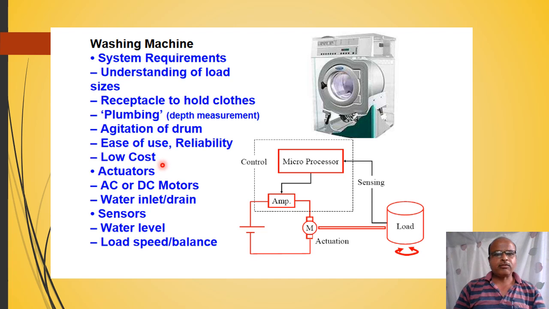Also it has a low cost. Then actuators, then AC or DC motors, which type of AC or DC motors we have to use. Then water inlet or drain, sensors, water level, then load speed, oblique balance. So these are the system requirements for the washing machine.